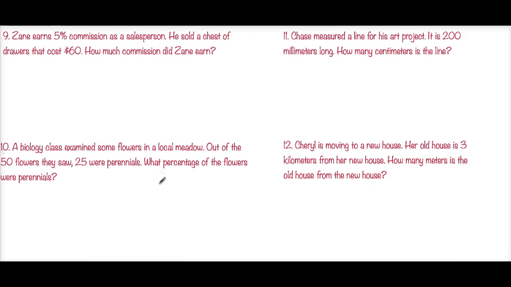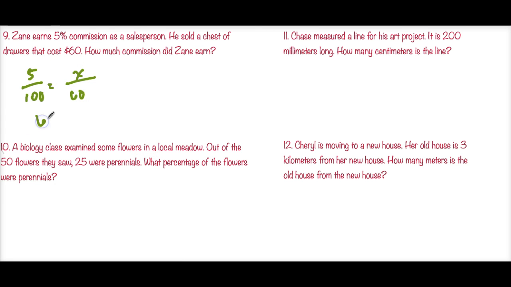Number 9. Zane earns 5% commission as a salesperson. Remember, commission is the money that the salespeople make when they're working. So he sold a chest of drawers that cost $60. How much commission did Zane earn? So if he earns 5% on the stuff he sells, and 60 was the total value, we don't know how much money he earned.